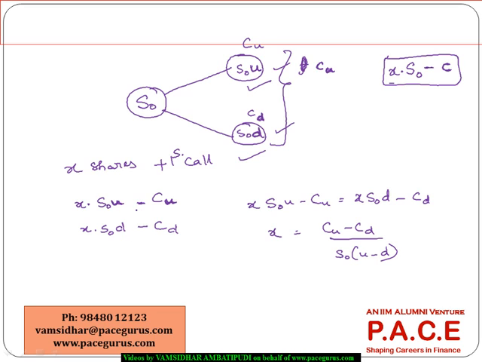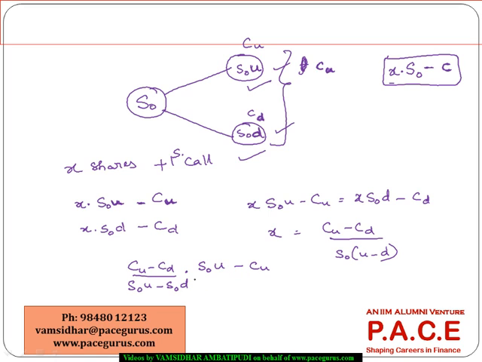And if I look at the value of the portfolio at that point, I can take it as CU minus CD divided by S naught U minus S naught D, those many shares purchased, minus CU.